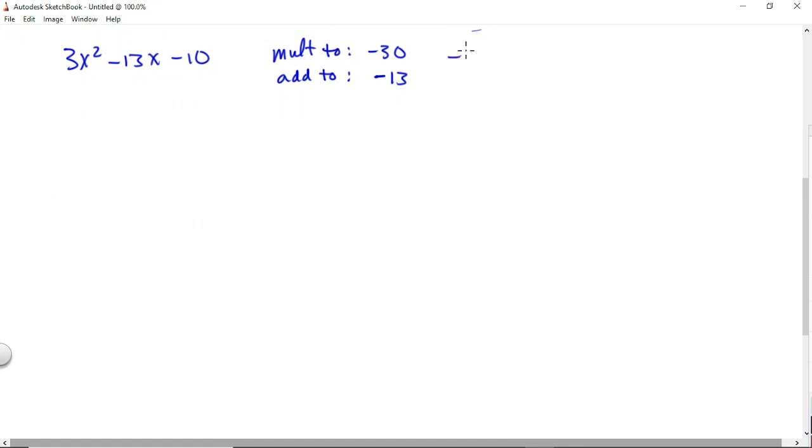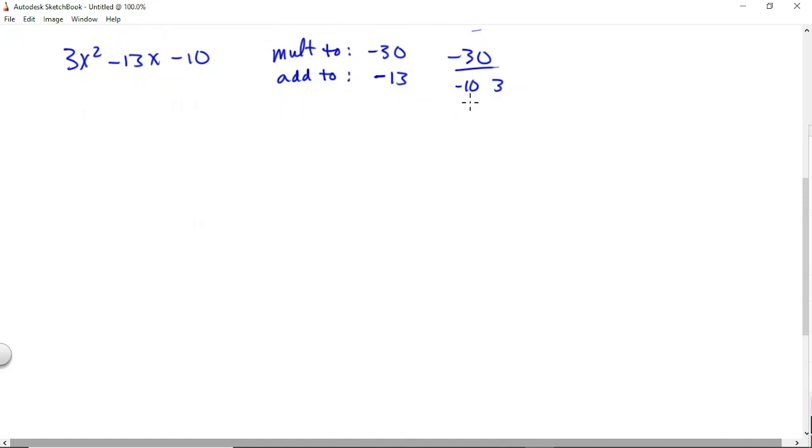Well, we can look at negative 30, look at the numbers that multiply to make that, and one will be negative, one will be positive. So we could try negative 10 and 3, but we add those together, we only get negative 7, right?